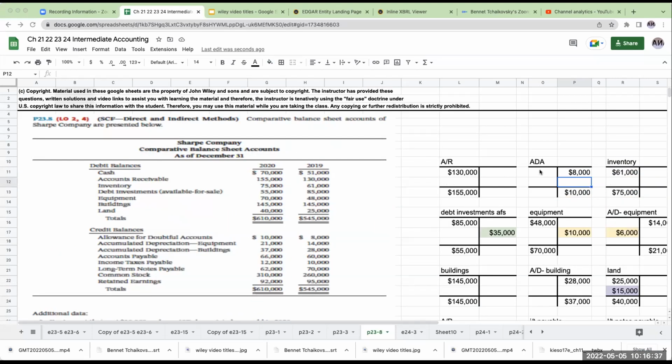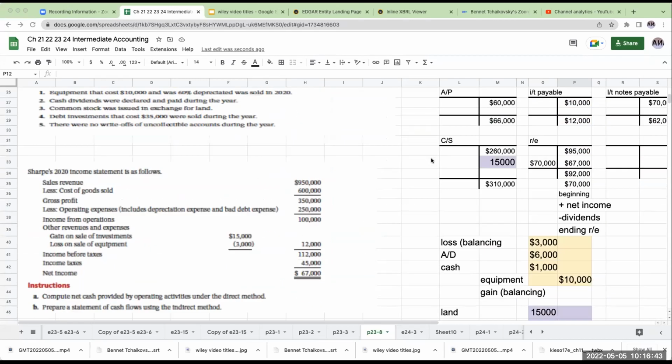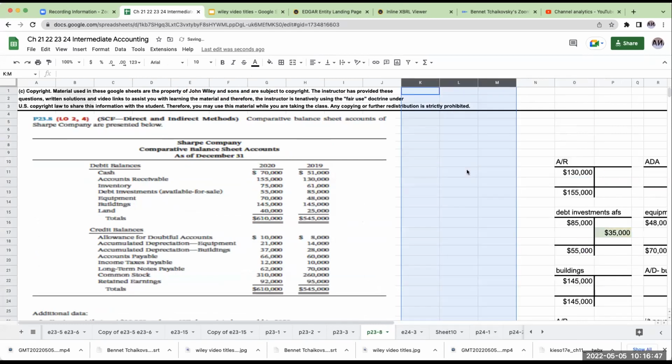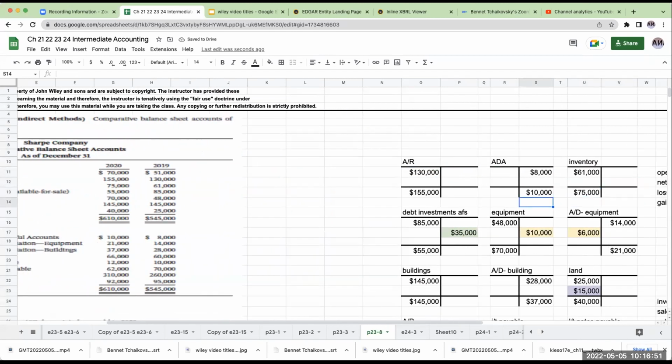Okay. Well, for me, what I like to do, let's just talk this through real quick. When we look at accounts receivable, the way that I would prefer to do it is I would say, okay, AR increased by 25,000.